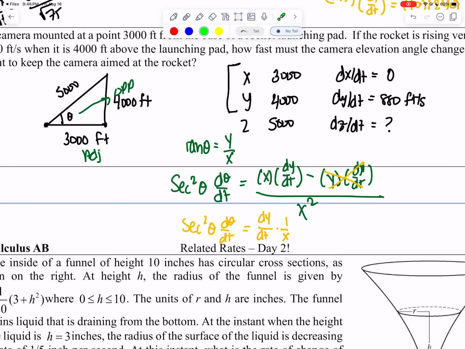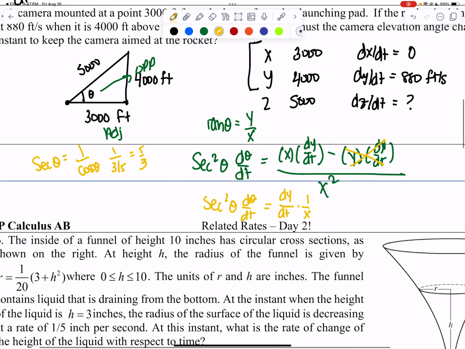All right, so remember that secant is the reciprocal of cosine. Since it's the reciprocal of cosine, what I'm going to do is think about, let's see, cosine is adjacent over hypotenuse. So that's going to give me 1 over 3/5 or 5/3.